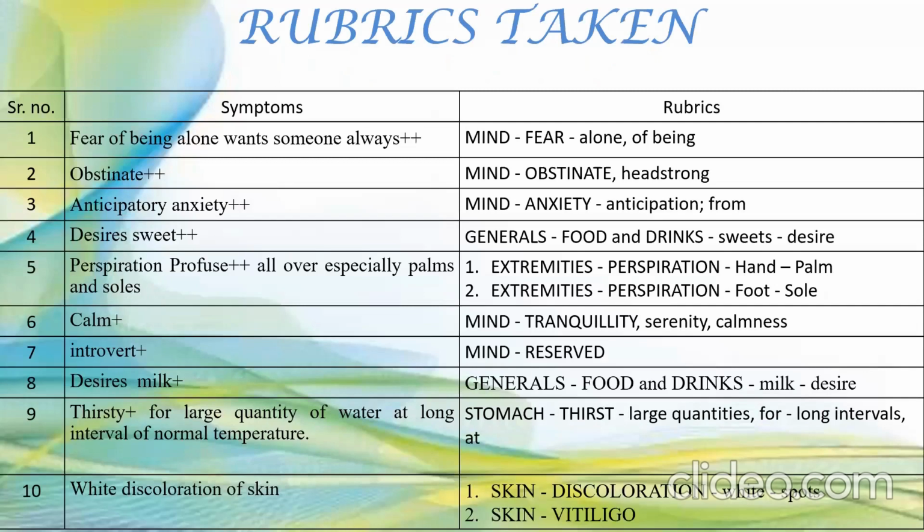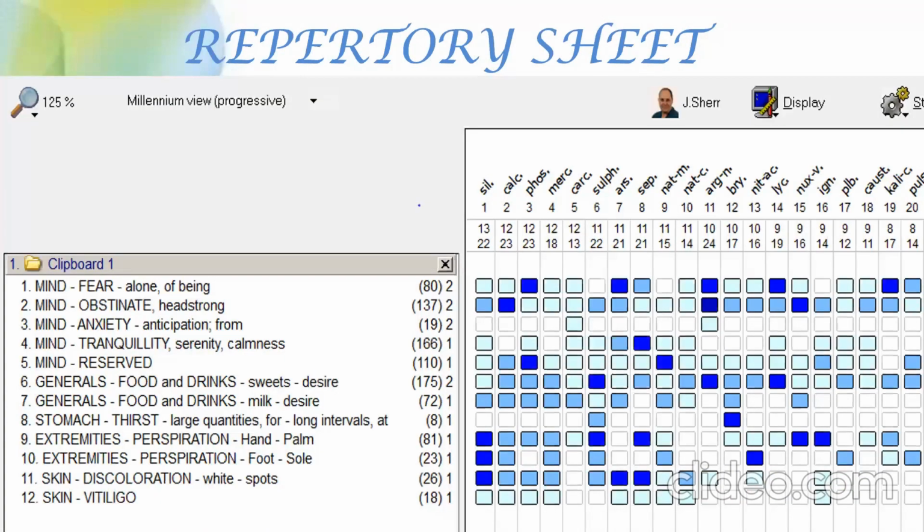So these are the rubrics taken, and this is the repertory sheet. After repertorizing, the closest coming remedies are silicea, calcarea, and phosphorus.